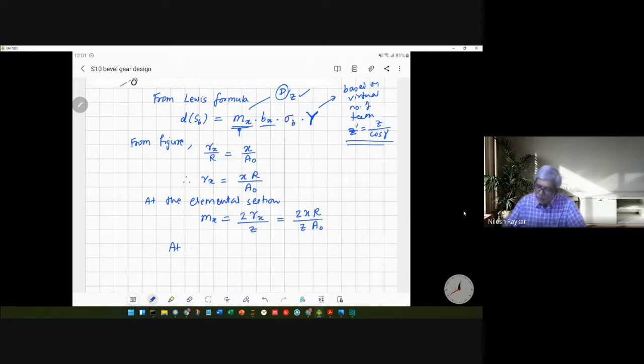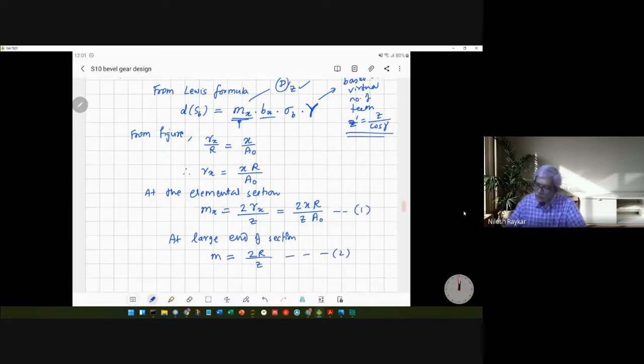And at the large end of the section, where the module is defined, since the module for a bevel gear is always defined at the large end, it is 2R divided by Z. So this is equation 1, this is equation 2.